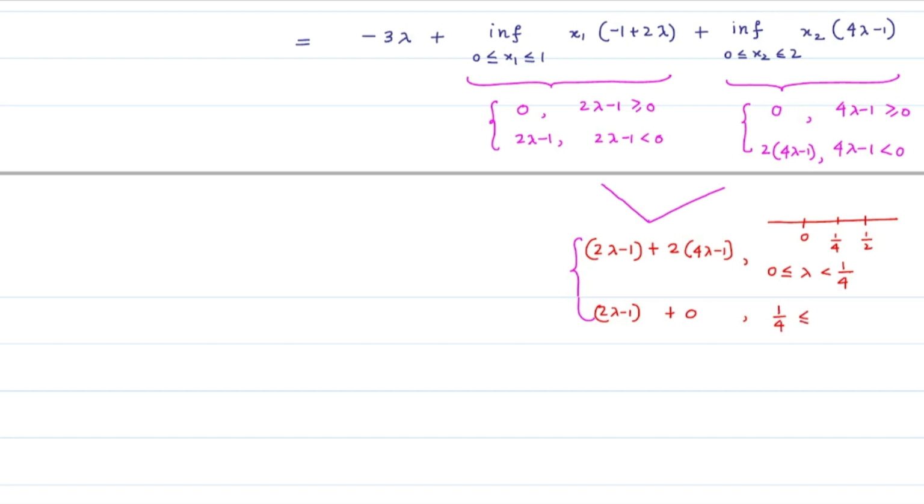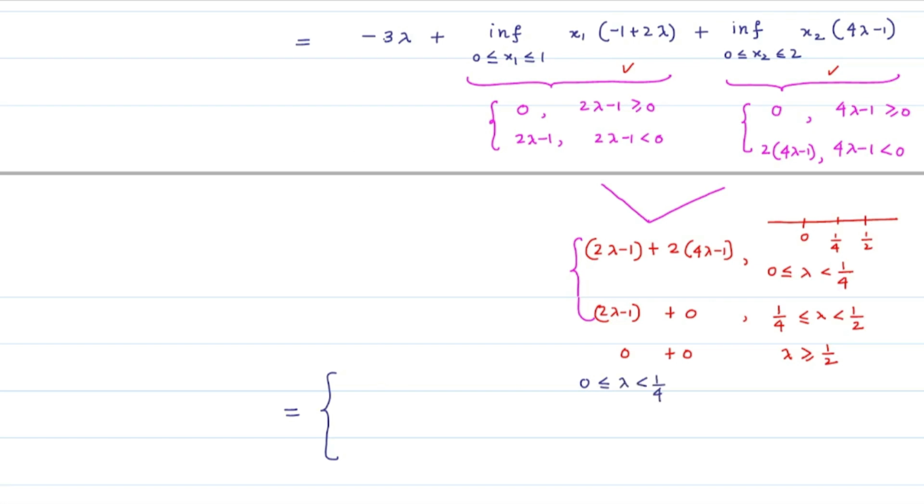So for lambda from 1/4 till half, this is the expression contributed by these two terms. And when lambda is greater than or equal to half, then both these terms contribute 0 values.